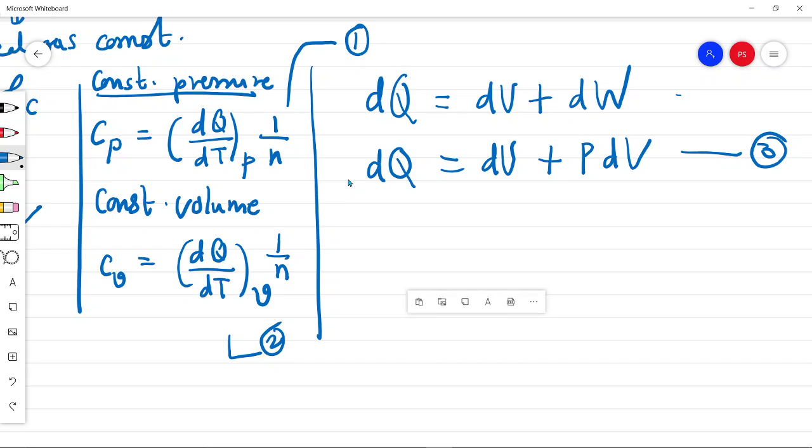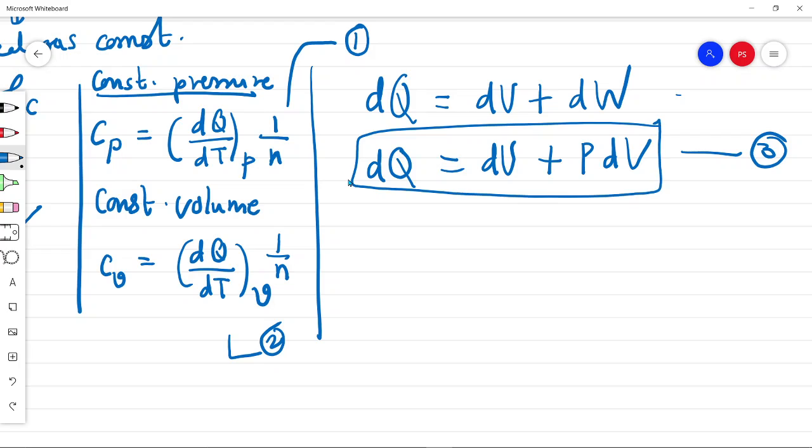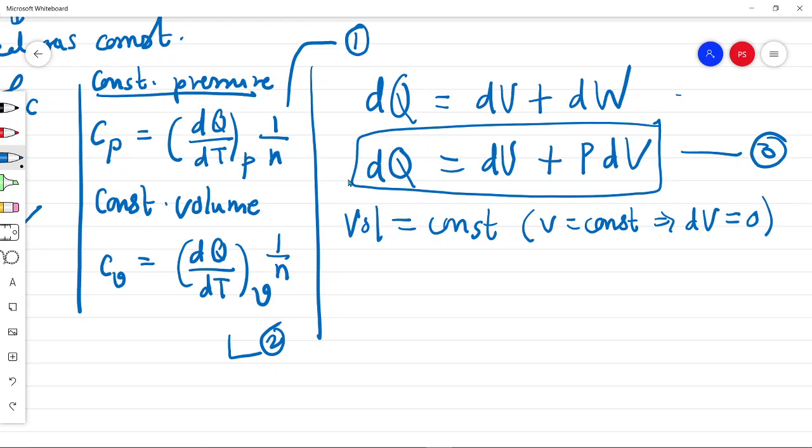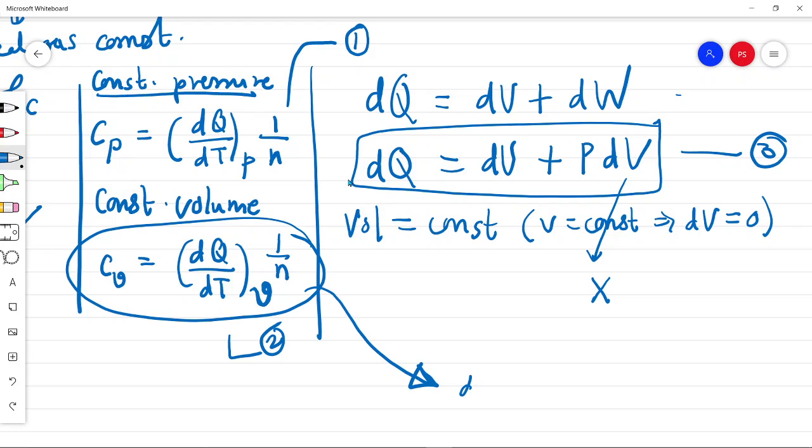Now suppose in this particular equation we keep the volume constant, that is V is constant. This implies dV is 0. So this term does not appear here since volume is kept constant. And if we look at equation 2 over here, when we keep volume constant, dq can be simply written as n Cv dT.